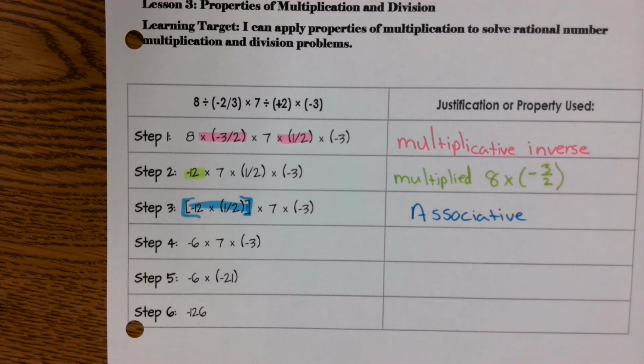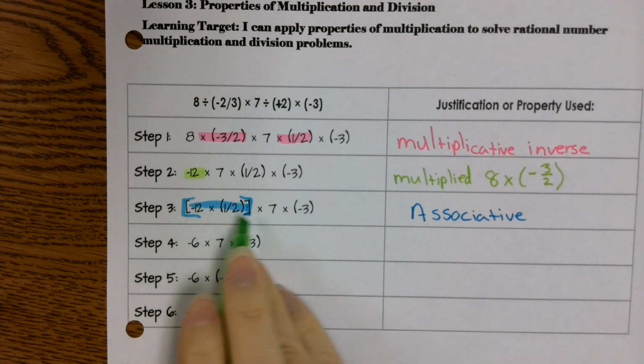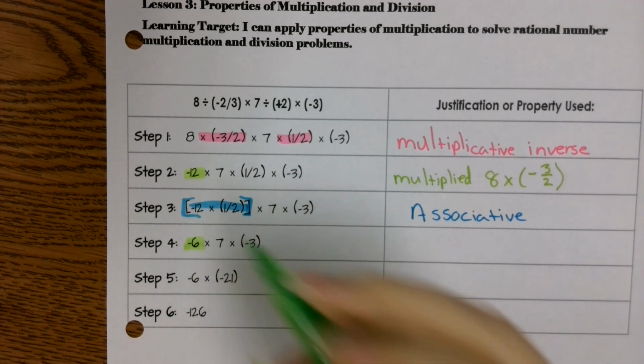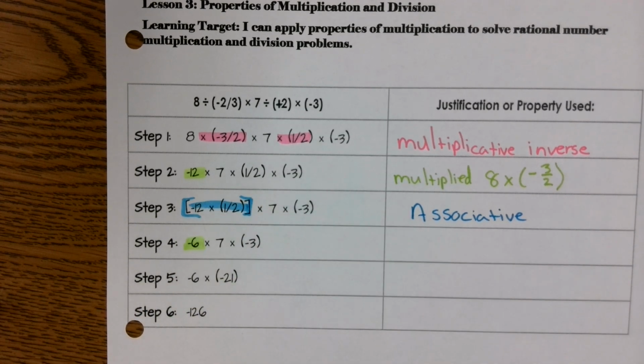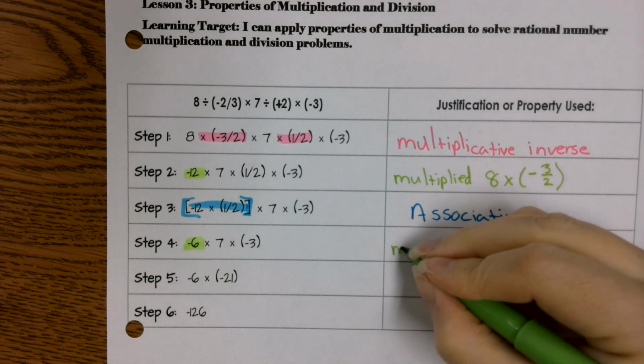Okay, then again, here comes that multiplication. We're just doing negative 12 times the 1/2 to get that negative 6. That's the only thing that actually changed within the problem.